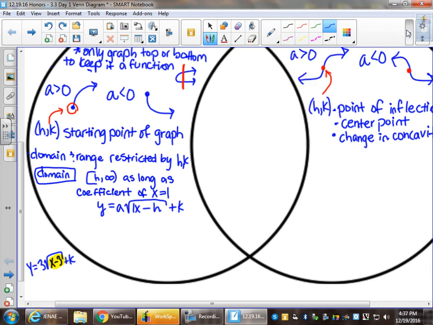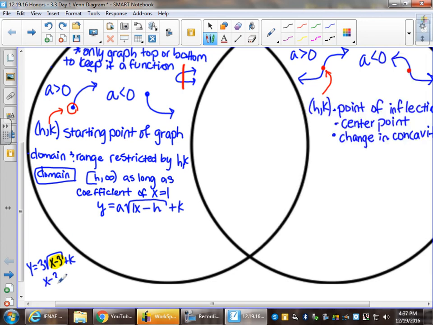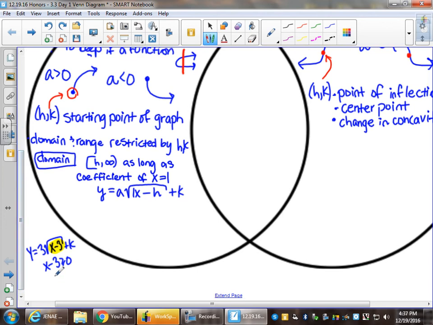You would have set x minus 3 greater than or equal to 0, and then we reasoned, hey, look, I can just pull out 3. X is greater than or equal to 3, so my domain was 3 to infinity. So 3 is h here. So what we're saying is that if the coefficient of x is 1, you can literally just identify what h is, say h comma k, and you have your domain.